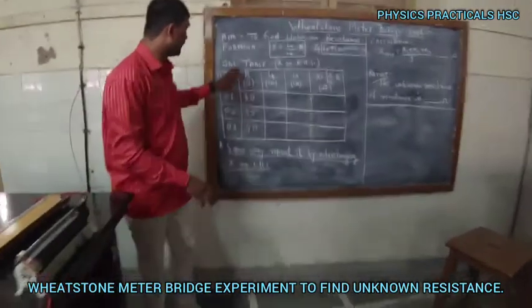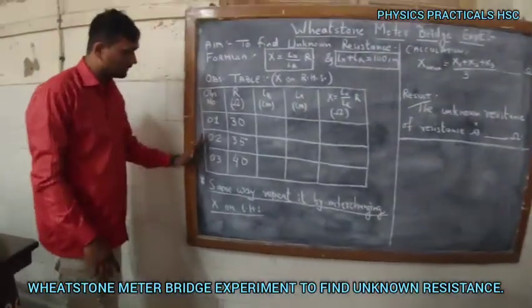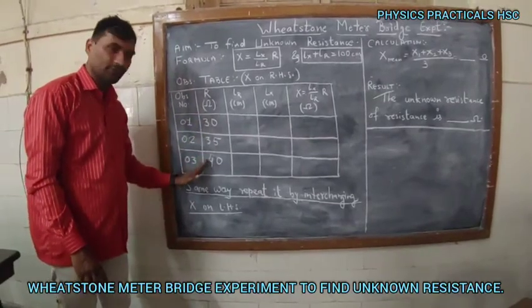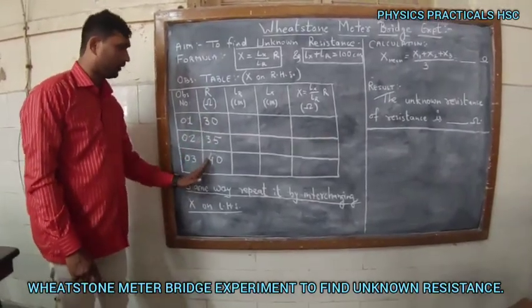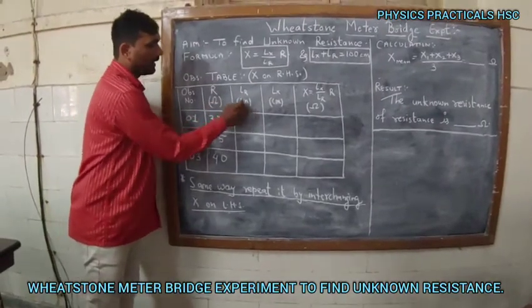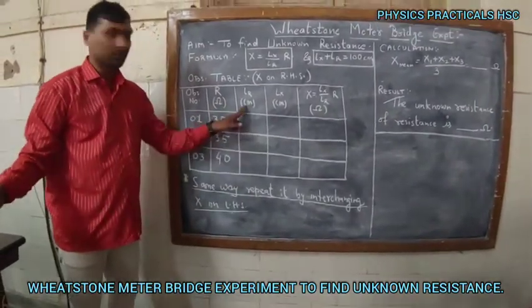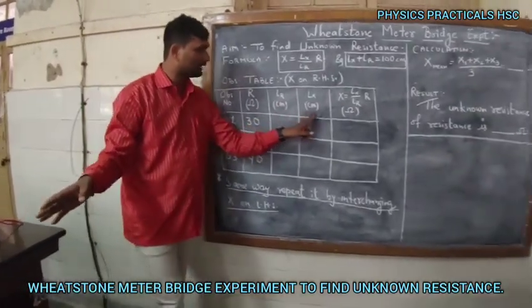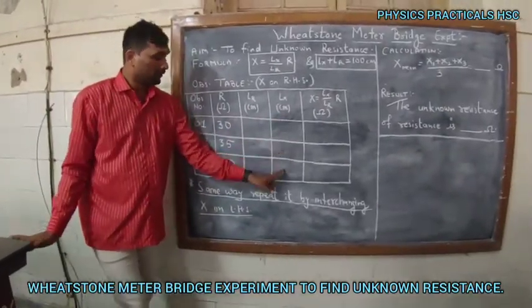Coming to the observation table, there are three observations. While doing the observations, we have to keep the value of R different: 30, 35 and 40 ohms. We will change it by 5 ohms, and we will calculate Lr, the null point from the side of the resistance box, and Lx on the side of the unknown resistance.